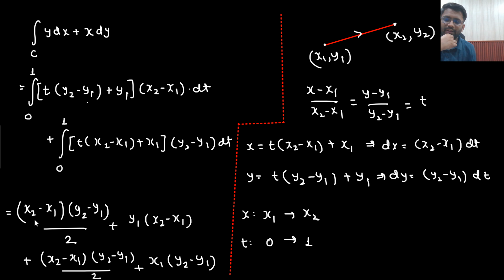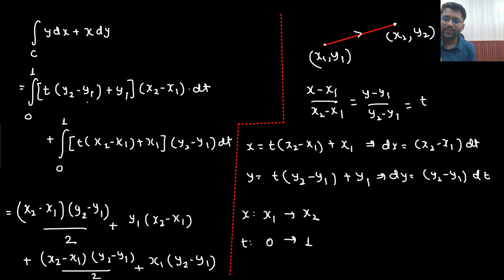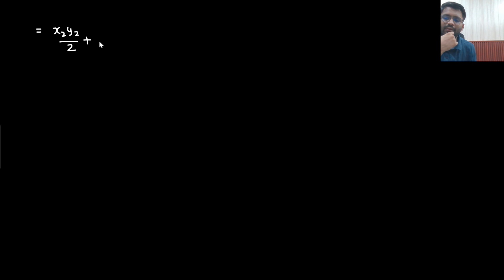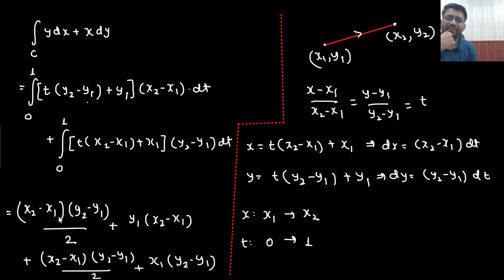So when you solve it, what are you getting? Result of integral: x2 y2 divided by 2, plus x1 y1 divided by 2. In the examination you will not solve in this manner, but I am just telling the method we have solved till this point.